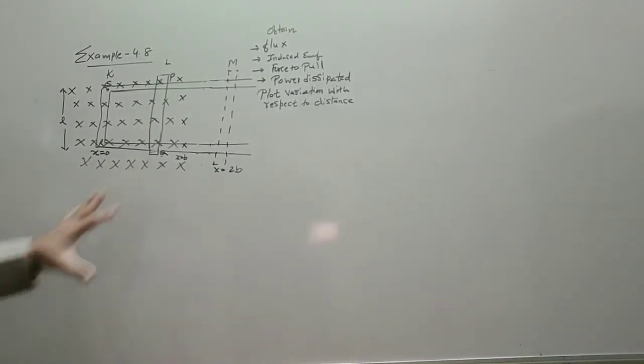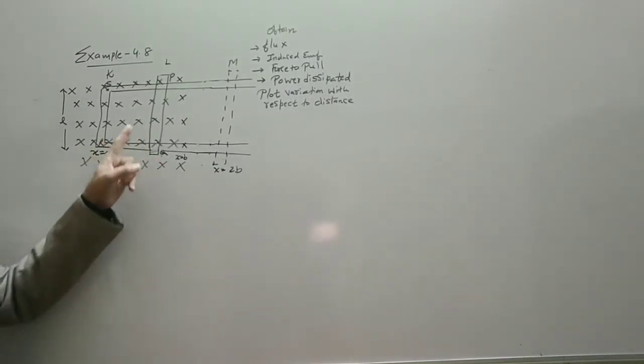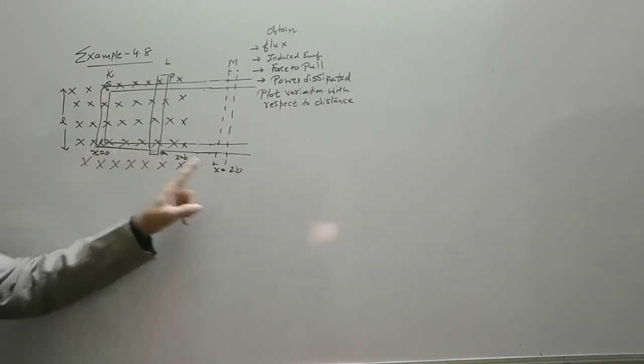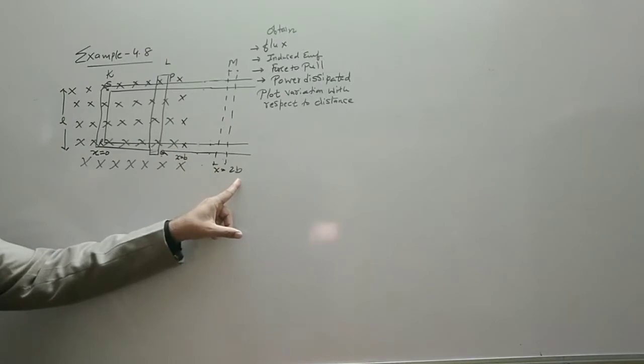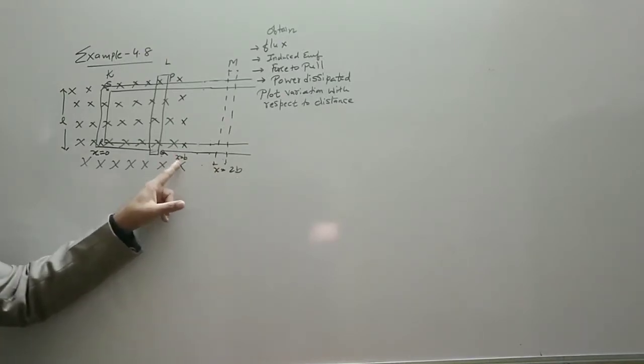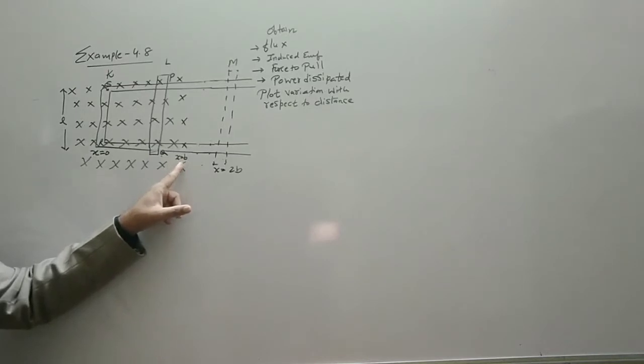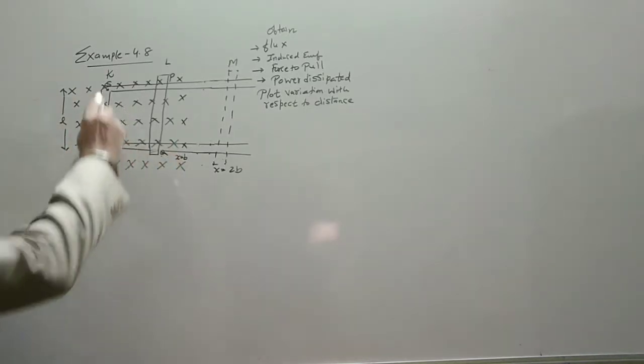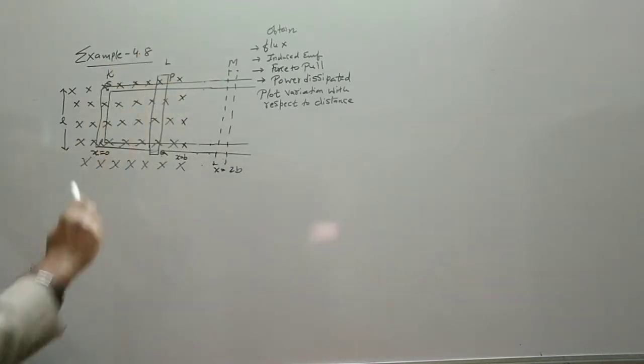So first be clear with the diagram. The rod PQ has to be moved from x equal to 0 to x equal to 2b. The magnetic field exists up to the distance b only. Field lines are going into the plane of paper. K, L and M are the regions.